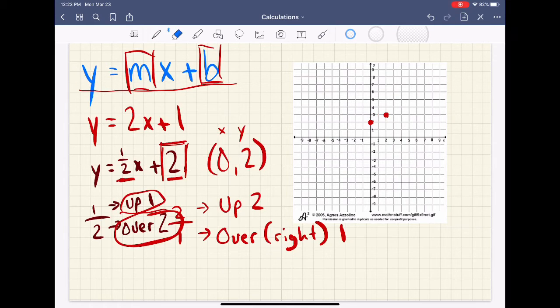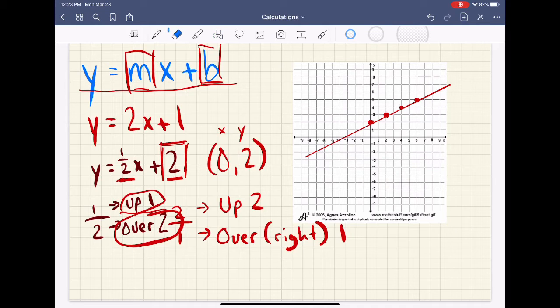Again, if you have 2 points, you can go ahead and draw a line, but let's say, like me, you're not super good at drawing straight lines, so you just want to do another point. Up 1 over 2 again. Any fractional slope just tells you rise over run. Okay, so now that we have a few points, we can go ahead and plot that line. Close enough. And there you have it.